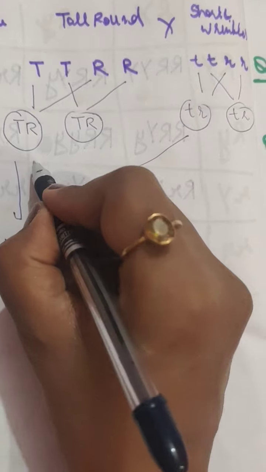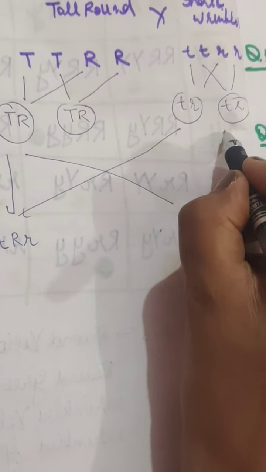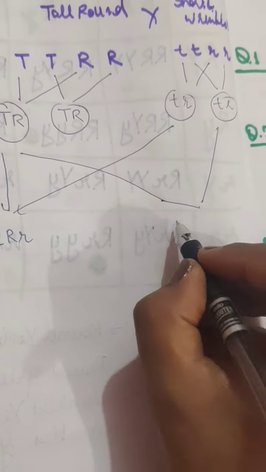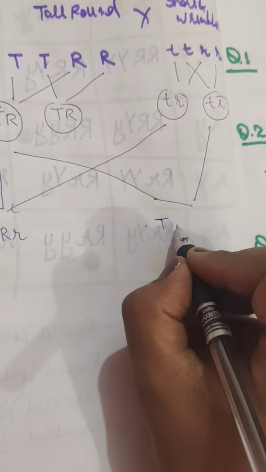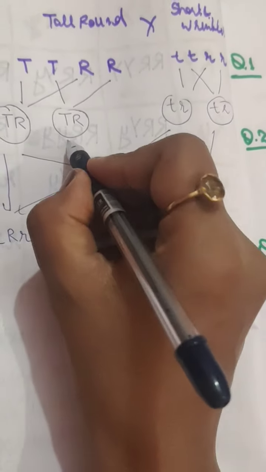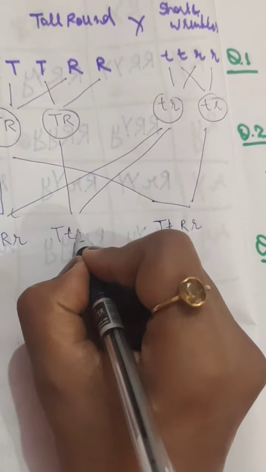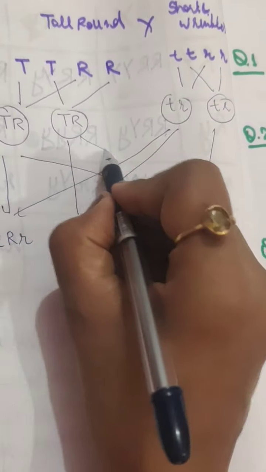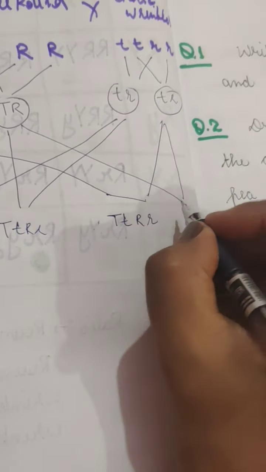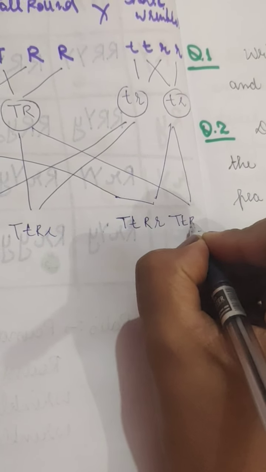Then it will fuse with this, again capital T, small t, capital R, small r. Now this will fuse with this, capital T, small t, capital R, small r, and then with this, capital T, small t, capital R, small r.